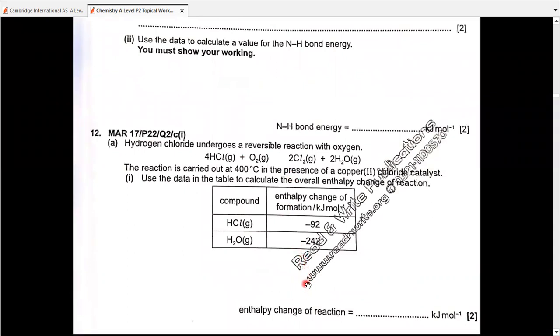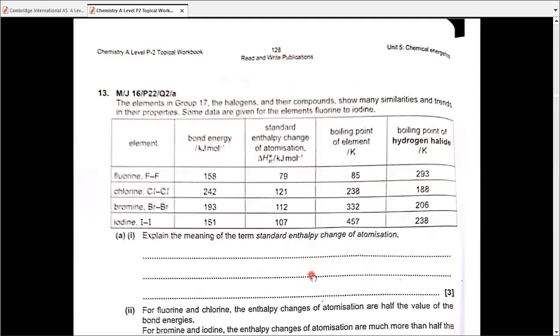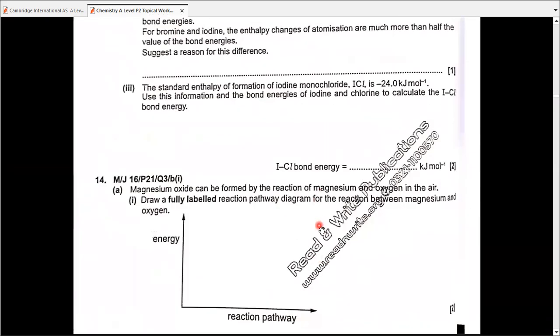How about 12? It's again formation. You're simply going to put the products minus the reactants along with the numbers, and you'll get the answer. So let's not try solving this one. I don't want to go with these examples since you're already good at this.